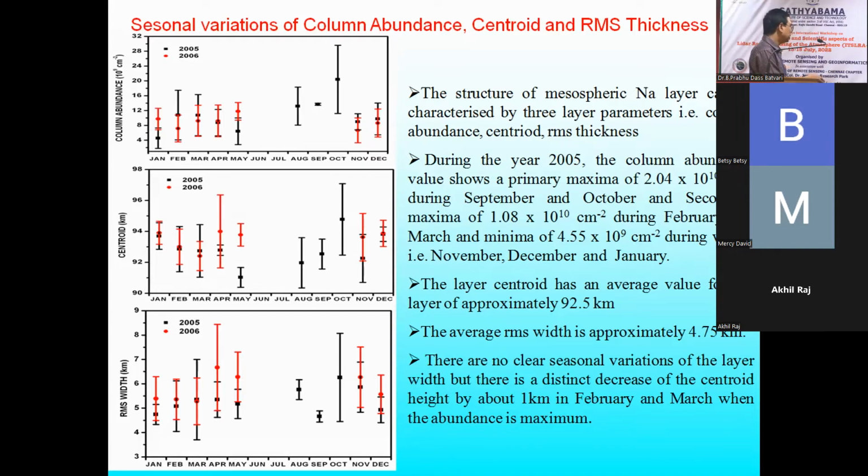The centroid is at an altitude of 92.5 kilometers, and the RMS thickness represents the layer thickness. The mean value comes to around 4.5 kilometers throughout the observations. On average, we have observed a layer thickness of 4.5 kilometers.